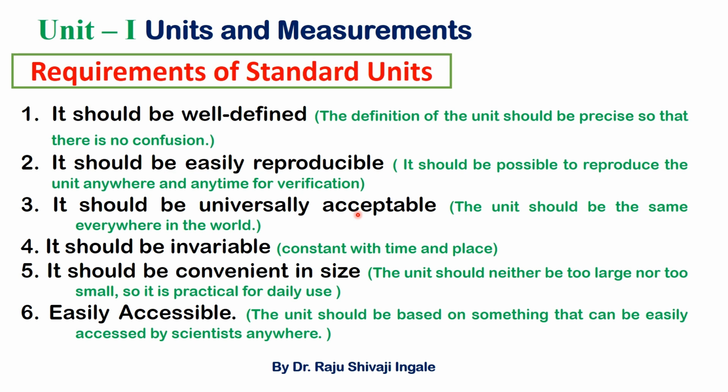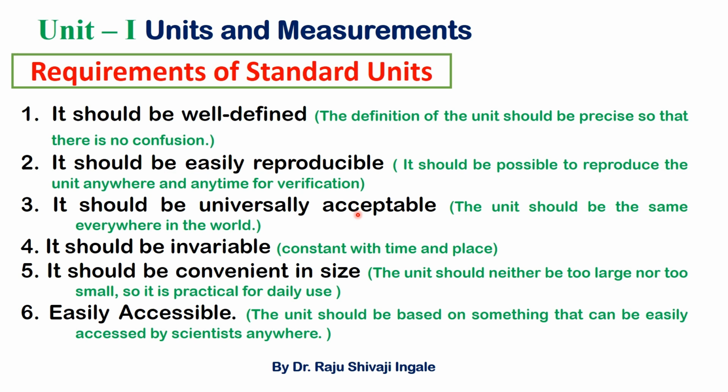Now, fourth, it should be invariable. That means it should be constant with time and place. A good standard must not change with time, place, or any environmental condition. For example, a metal rod changes its length with temperature, so it's not reliable. The speed of light, however, is a universal constant that never changes, so it is an excellent base for defining units.